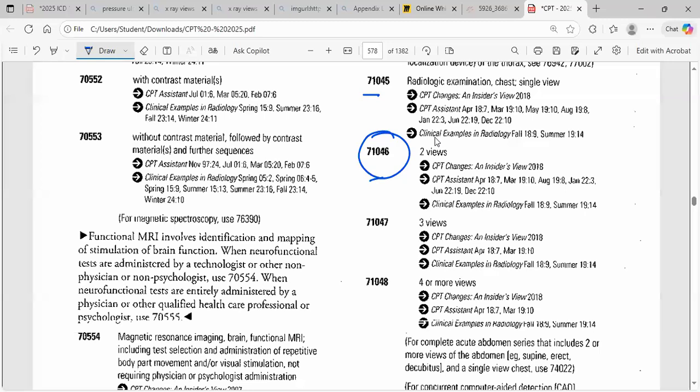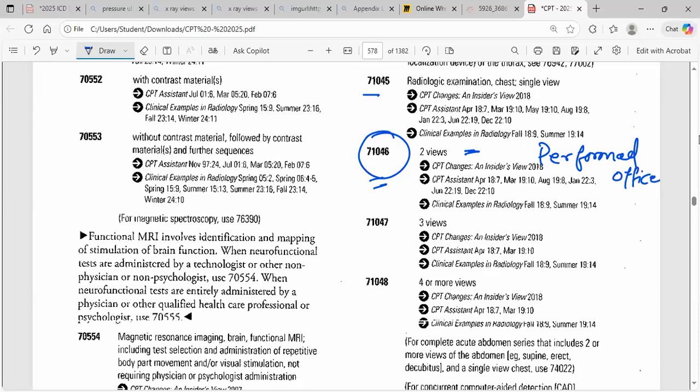Ma'am, here only the doctor has performed that, so no technical component. Very good, Samuel. Exactly. In the documentation, it was mentioned that this X-ray is performed in the office only, meaning in the doctor's office.